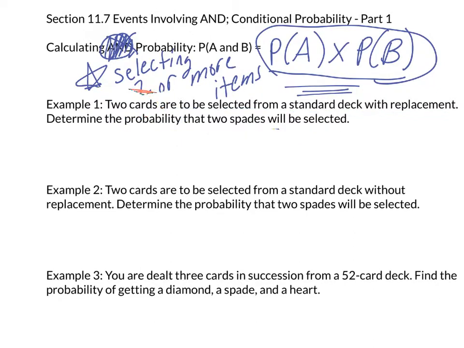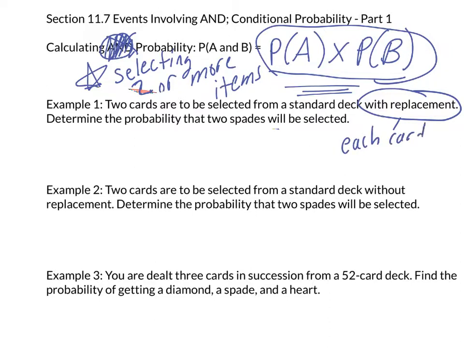With replacement, we can always assume whenever you're drawing 2 or more items that you pick up 1 at a time. With replacement means after you draw each card, it goes back into the deck. You can pretend it really says "with replenishment" because you're replenishing the deck.